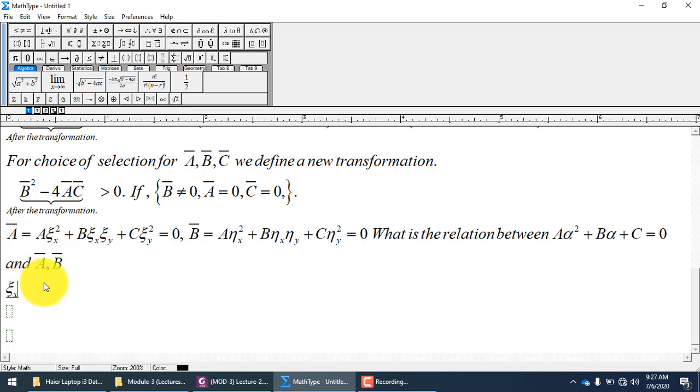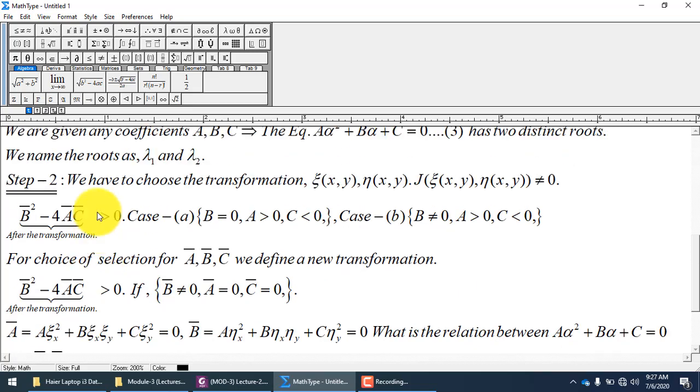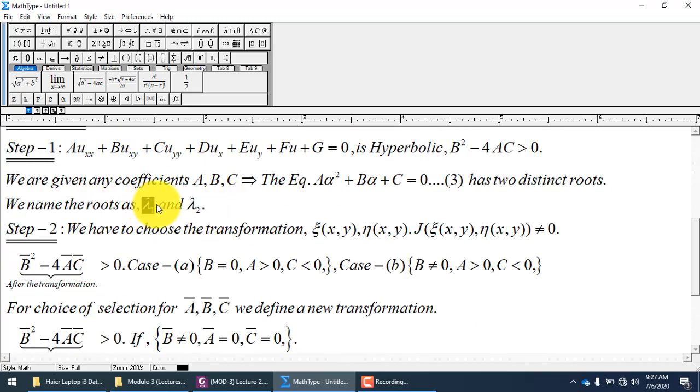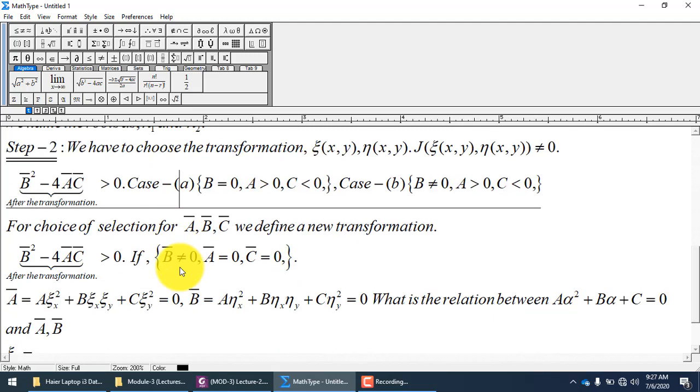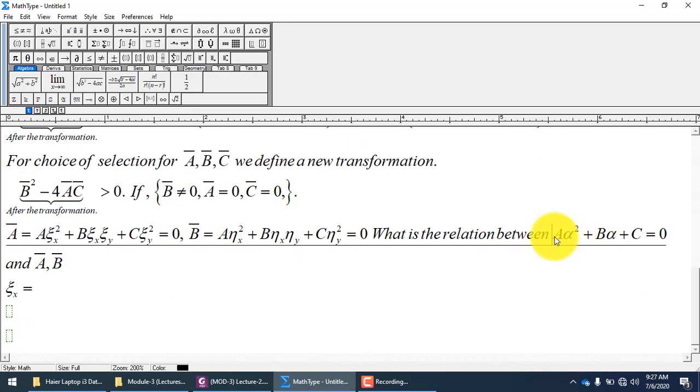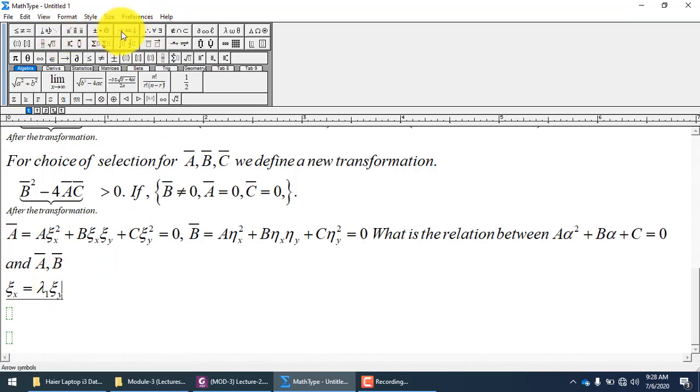If xi x equal to lambda 1, which was the first root, remember that lambda 1 was the first root, the value of alpha such that this quantity equals 0. If xi x is lambda 1 xi y, what happens to A bar equal to 0, or the formula for A bar equal to 0? Just put that value.